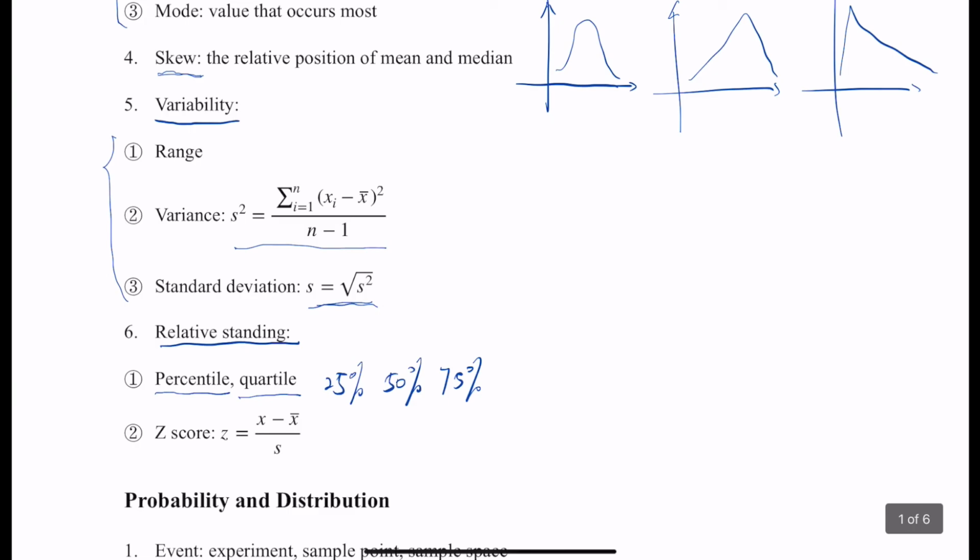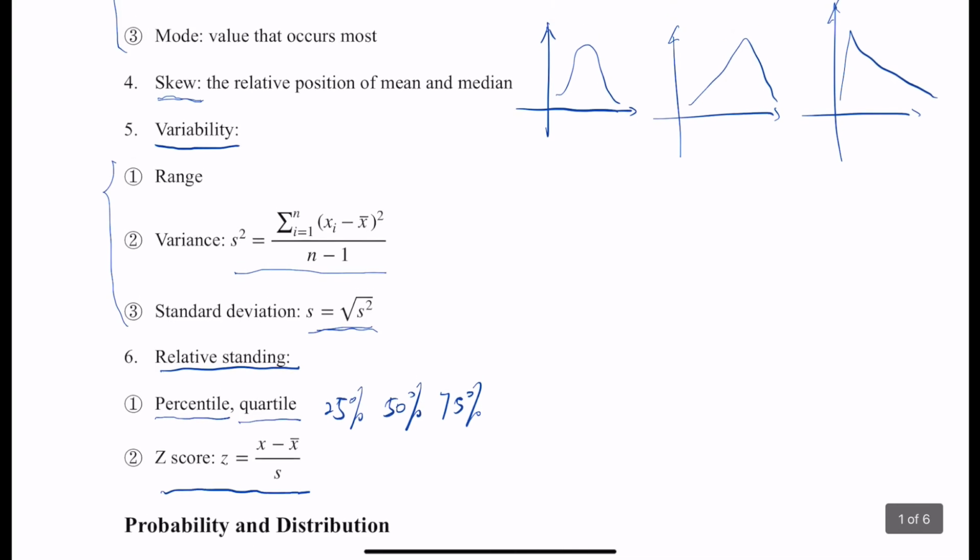Or more common. And the last thing is z-score. Everyone is familiar with this, how you calculate z-score. Z-score is also very important. You have seen it in normal distribution, right? We use z-score to standardize a normal distribution. So that's it.